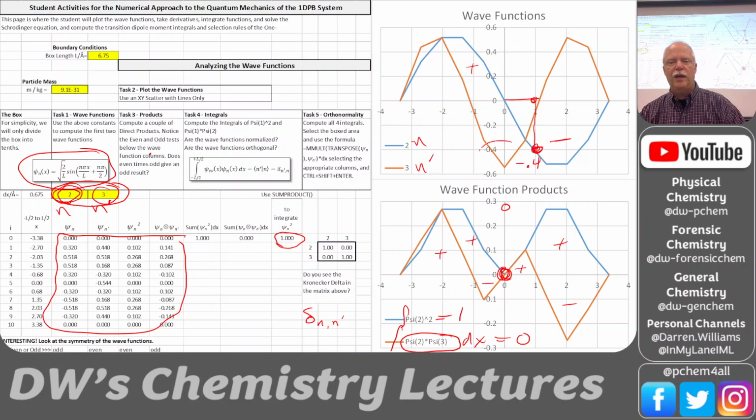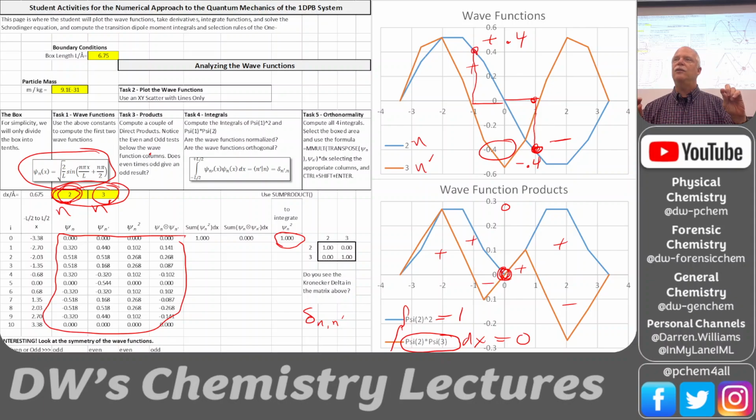Does everybody agree with that? Here's minus 0.4. Yes? Okay. If I go the same distance in the other direction to minus 1 and evaluate the function, I get plus 0.4. So they're equal in magnitude, but opposite in sign.